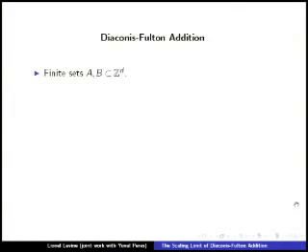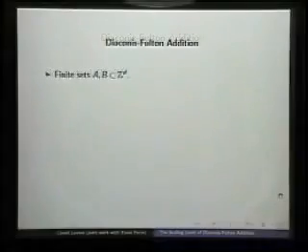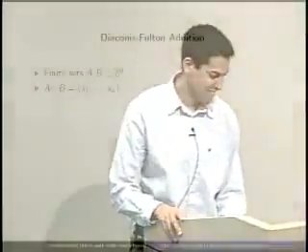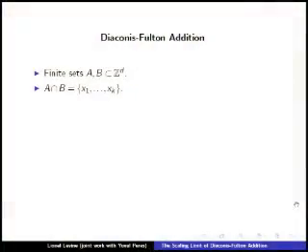Okay, so what is Diaconis-Fulton addition? Say we're given two finite sets A and B in the integer lattice Z^d, which have some intersection, and let's label the points of the intersection x1 through xk. And we're going to form a new set, which we call A plus B. And this is going to be a random set.